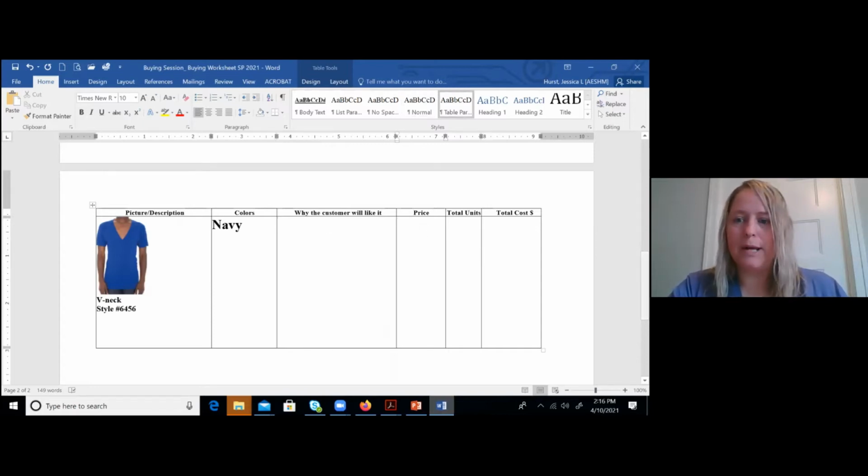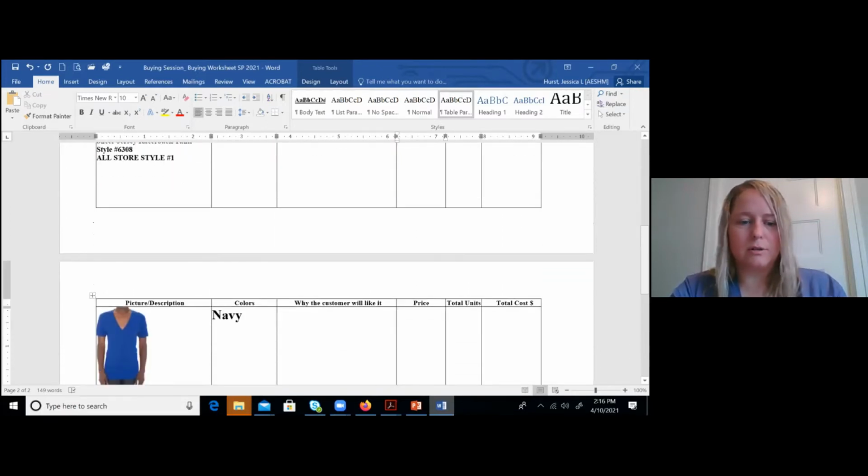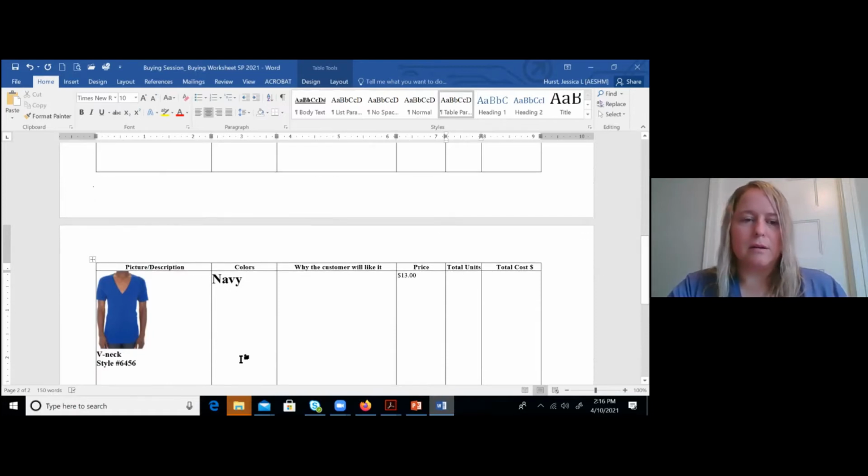My price point. So if I come back up here, all short sleeve tops are $13 each. And I'm going to do this for a top store style, which I said I had to buy at least 300 units.